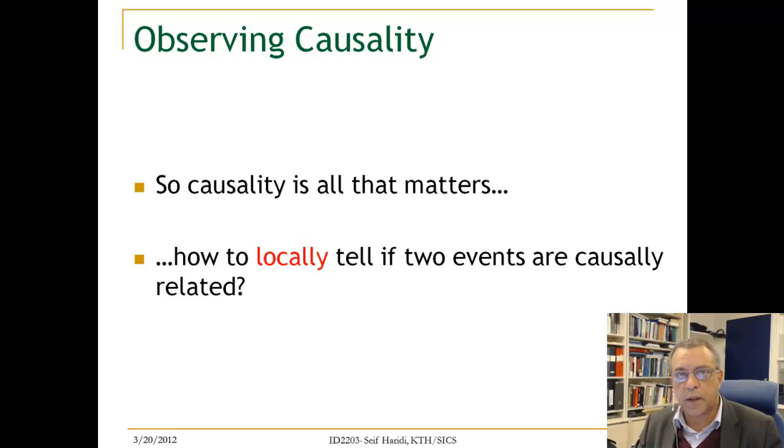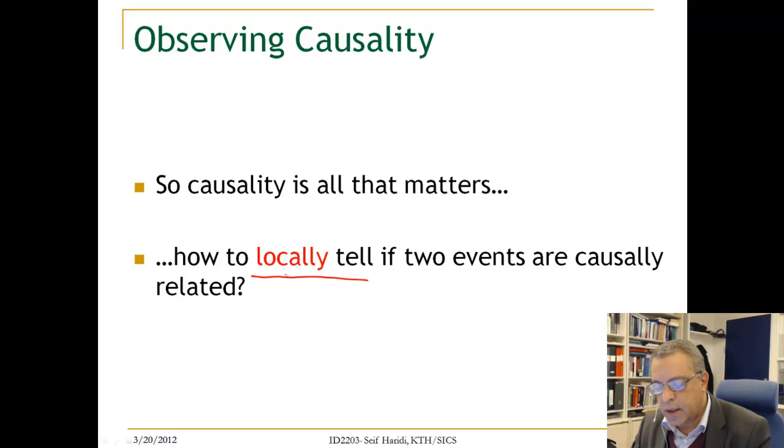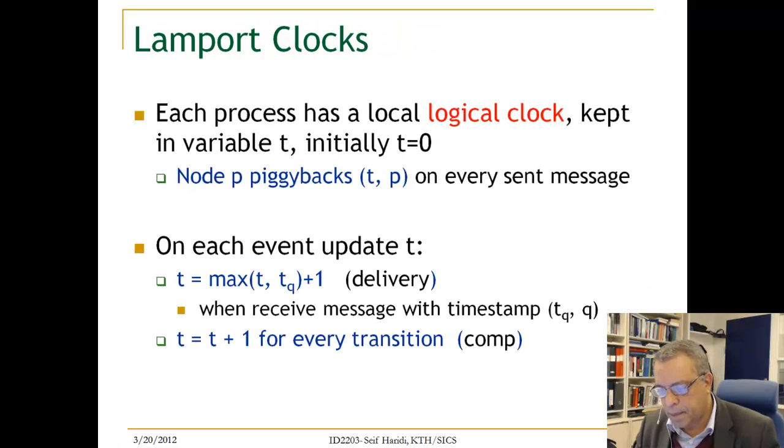So now we want to be able to locally tell if two events are causally related. We do this by a notion of a clock or logical time. We call it Lamport clock. A Lamport clock is a logical time, basically implemented by a counter, and this counter tries to capture the causality between events.